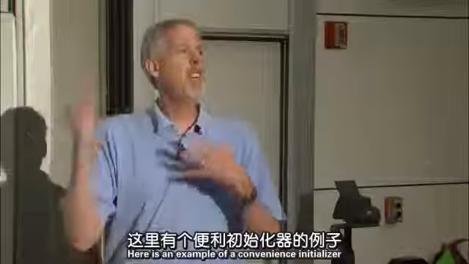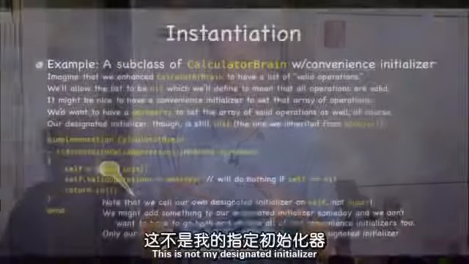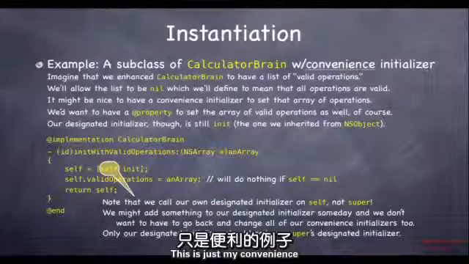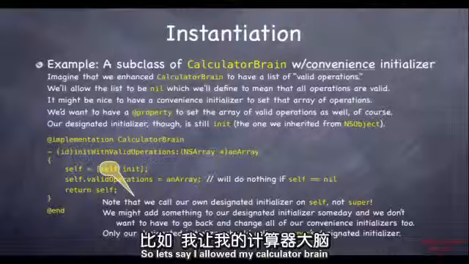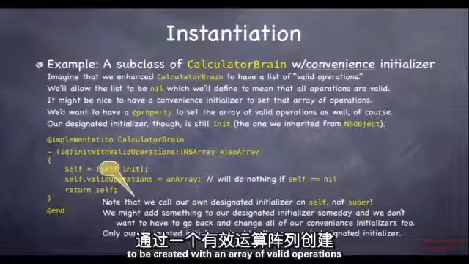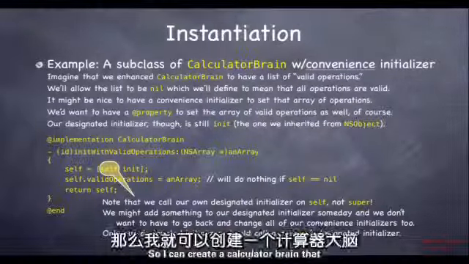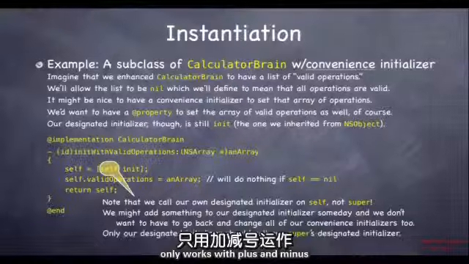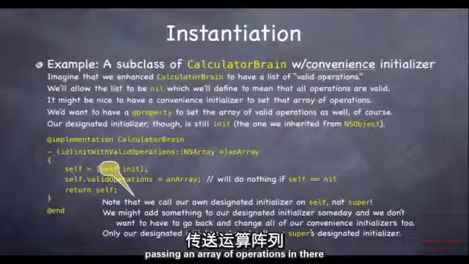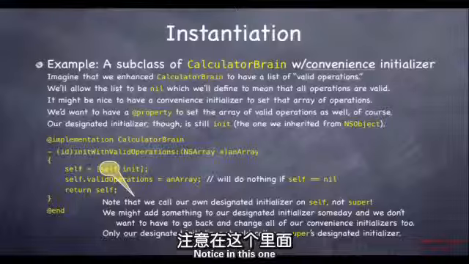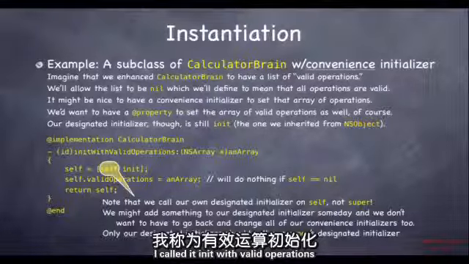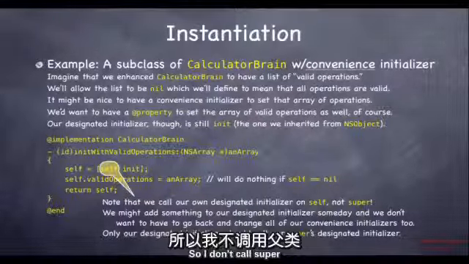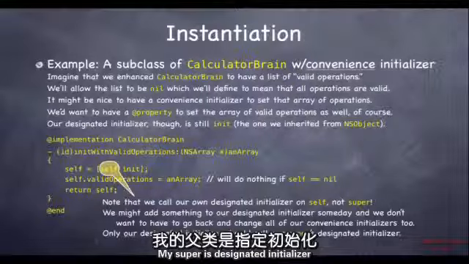Here's an example of a convenience initializer. This is not my designated initializer. It's just a convenience. Let's say I will allow my calculator brain to be created with an array of valid operations. So I can create a calculator brain that only works with plus and minus by passing an array of operations in there. Notice in this one, I called it init with valid operations. It's not my designated initializer, so I don't call my super's designated initializer.